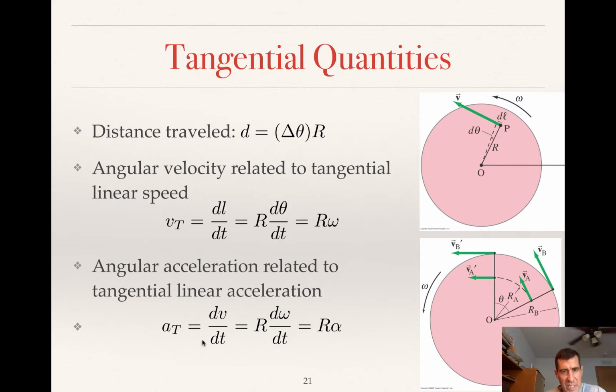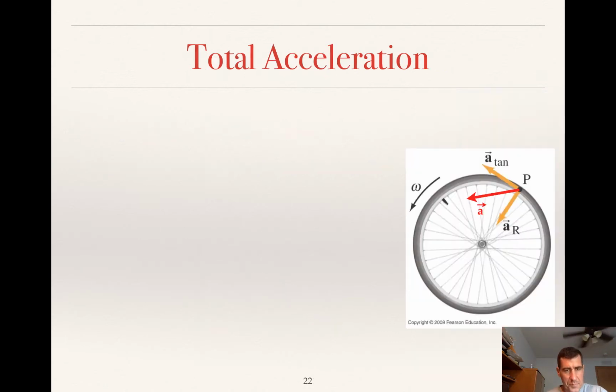That's just dv dt, the time derivative of the tangential speed v. But the tangential speed v, remember, was r times omega. We assume r is constant, so this is r times d omega dt. And remember, d omega dt is the angular acceleration alpha. So the tangential acceleration a sub t is r times the angular acceleration alpha.